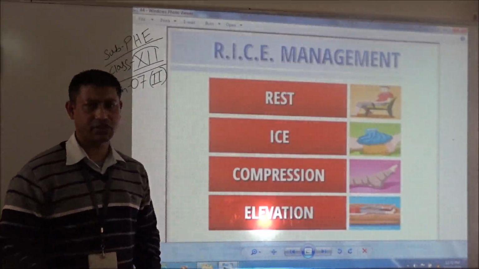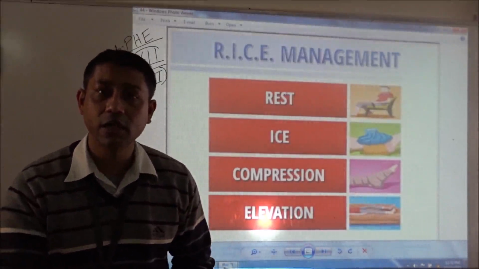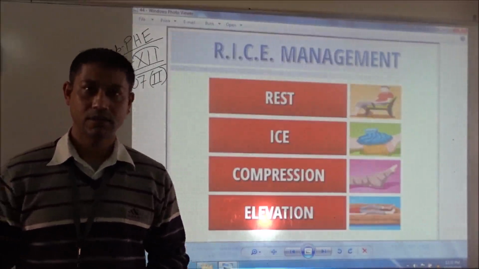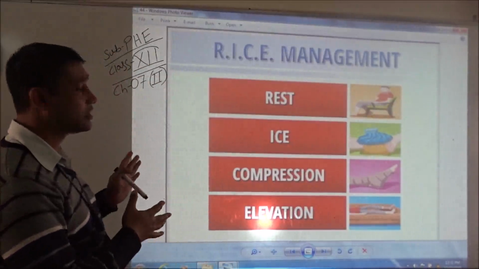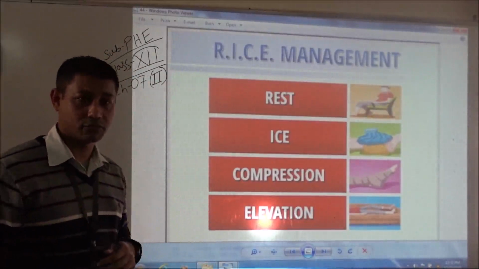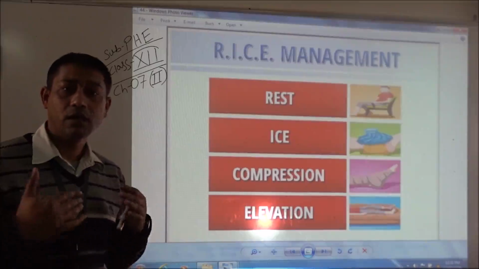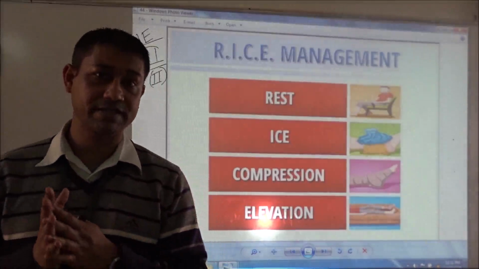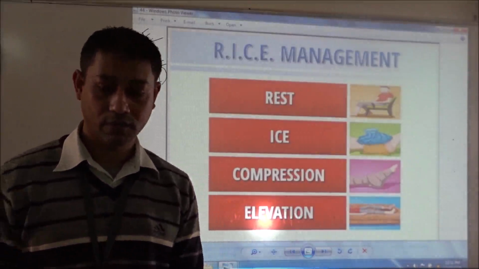Next is elevation. Elevation means to elevate the injured part. So this is the RICE management, students. Through this, all the 5 types of soft tissue injuries can be cured.